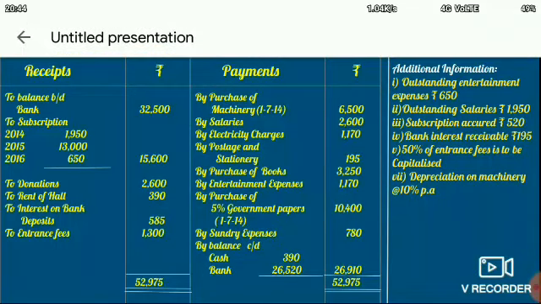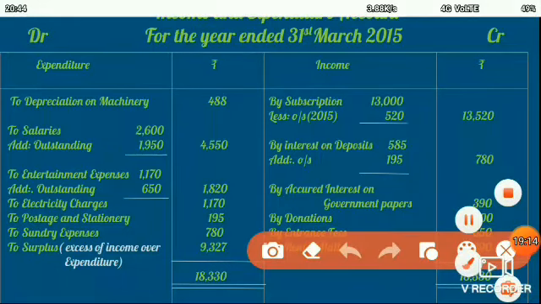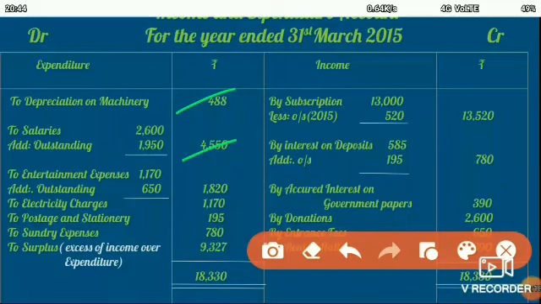So when we show these items in our account, it will appear like this. Here depreciation is completed, salary completed, entertainment expenses completed. So we write to electricity charges 1170, to postage and stationery 195, to sundry expenses 780.